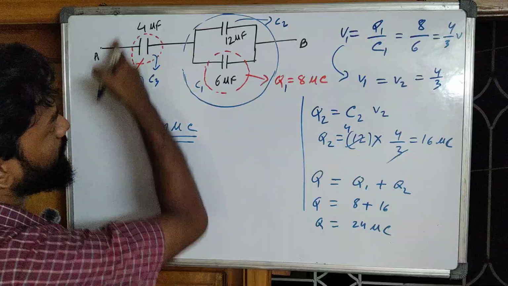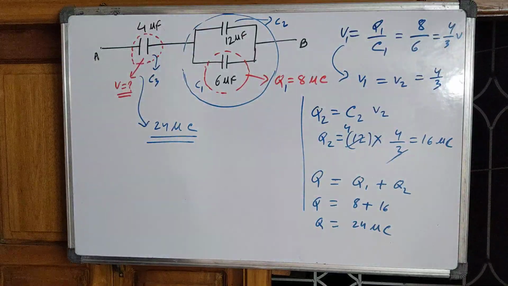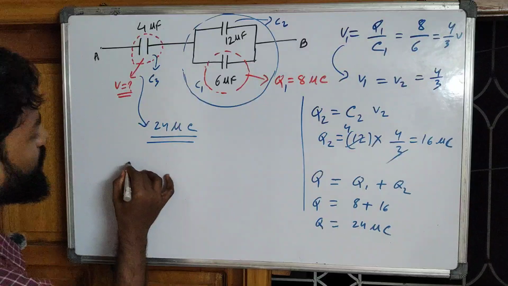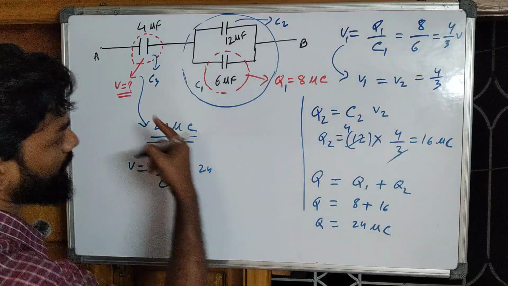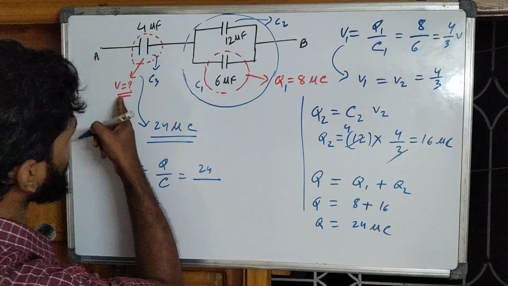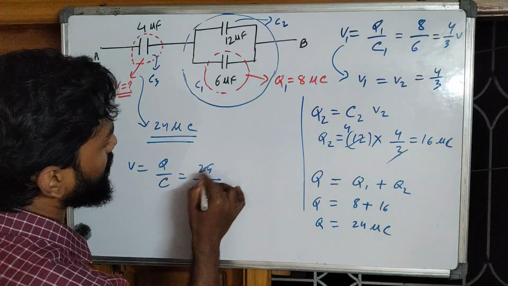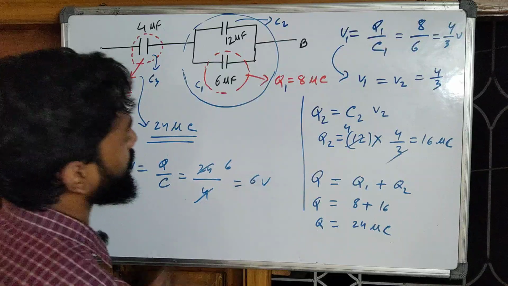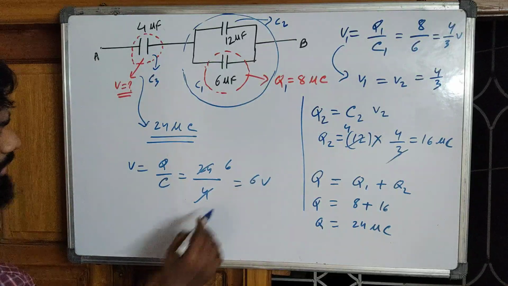So we need to find the voltage. V equals Q by C, 24 by 4, which is 6. All right, 6 volt is the correct answer.